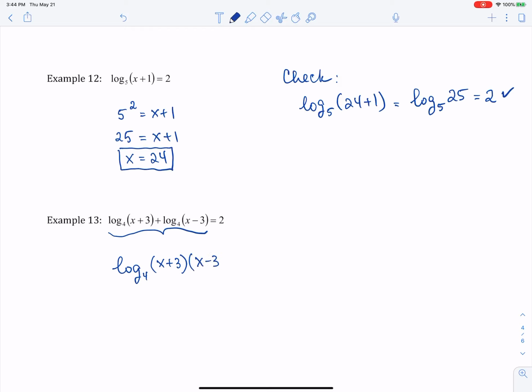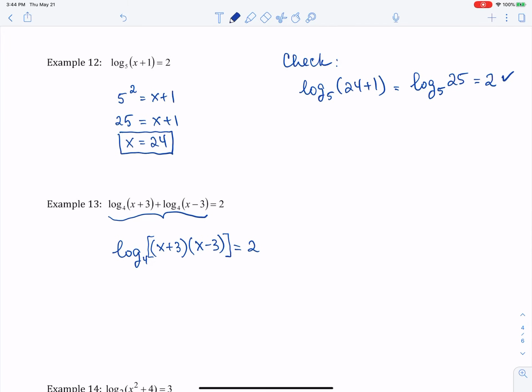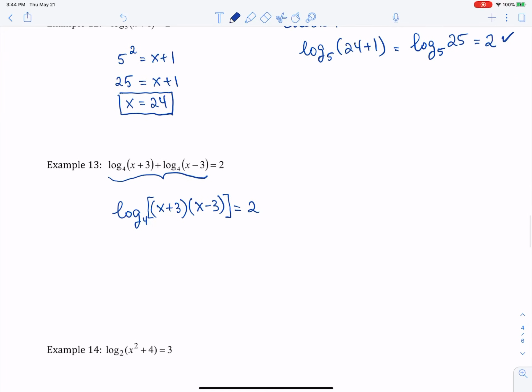So here you go, and that's together inside that logarithm. Based on exponential properties, that means 4 powered by 2 is equal to x plus 3 times x minus 3. x plus 3 times x minus 3, that's a formula. If you don't know the formula, you are going to distribute.